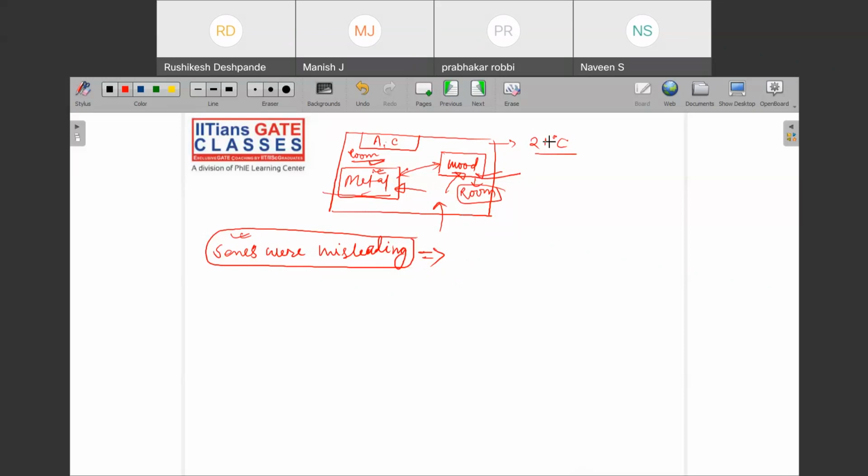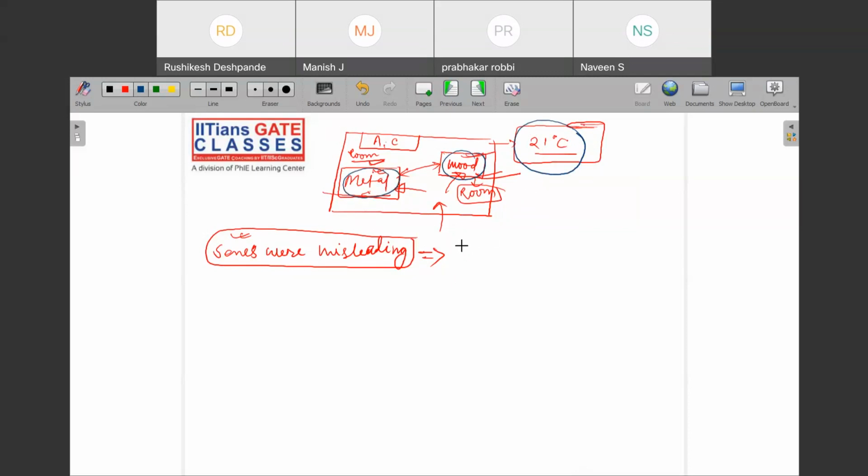Here what we saw: this body C, this room, is one which is helping you to know that if this room is at 21 degrees Celsius, then automatically the wood and the metal are at 21 degrees Celsius. If this room was at 21 degrees Celsius, then this wood plank and this metallic sheet will both be at the same temperature.